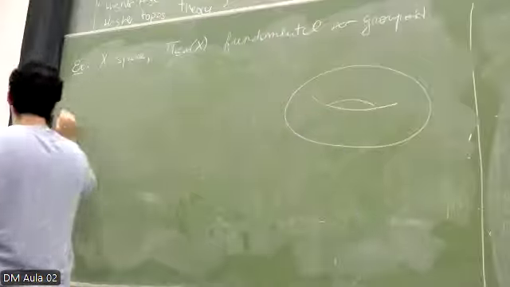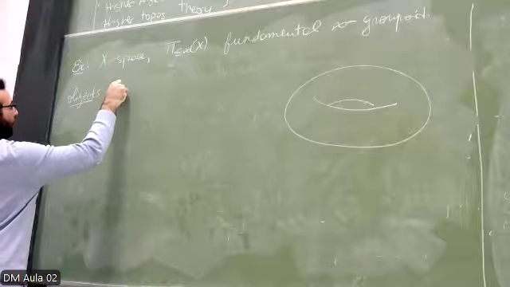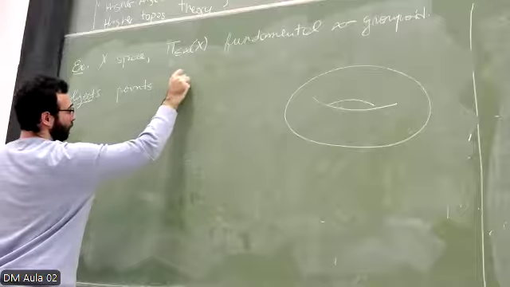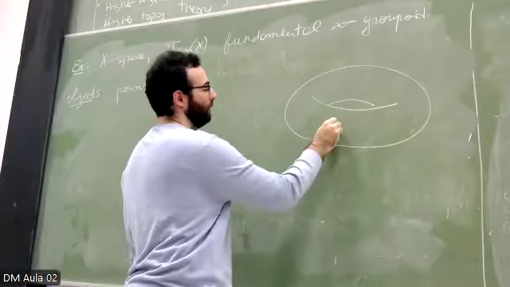So the objects are points in X. Okay? Here's an object.